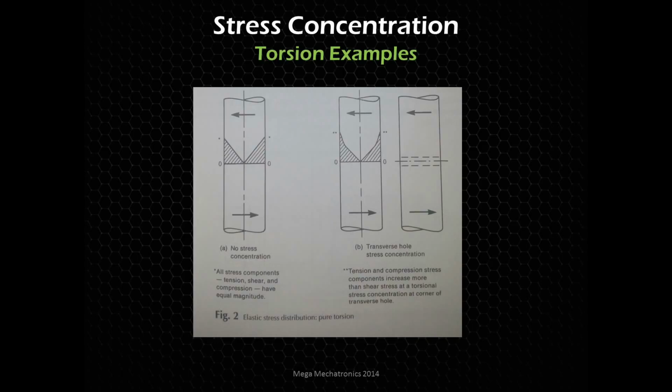But on the right, we have a hole that's drilled through, the phantom line showing the hole. Again, this part's being twisted, it's under torsion, and you see there are stress concentrators on the tension side, on the very outer edge where the drilled hole is.